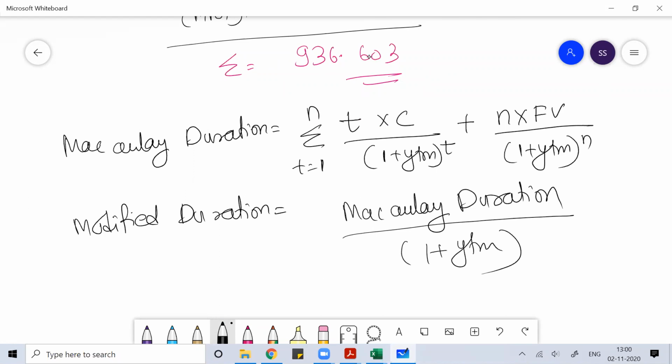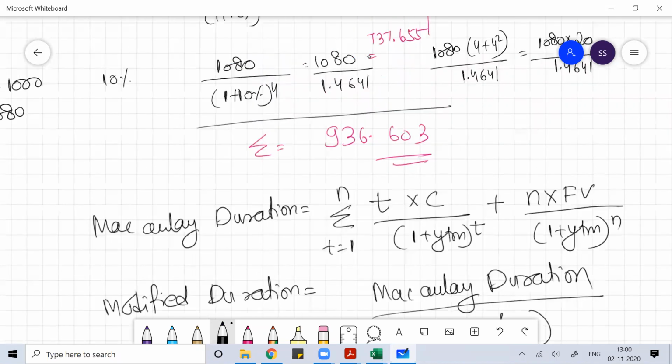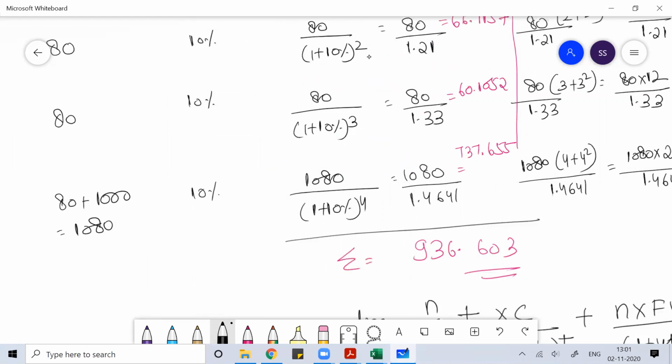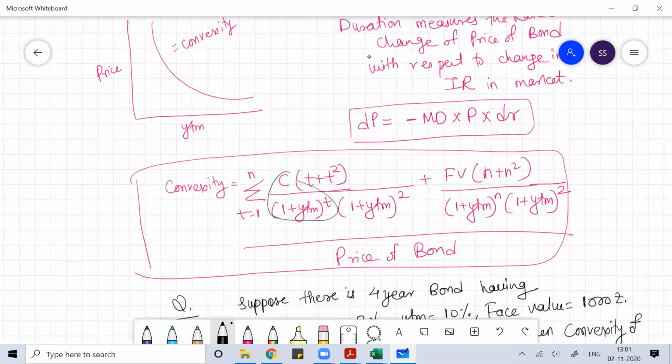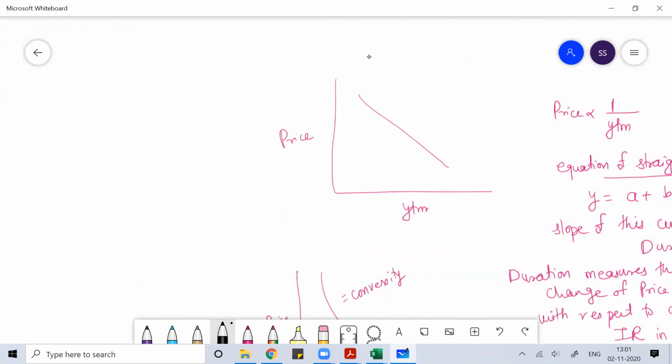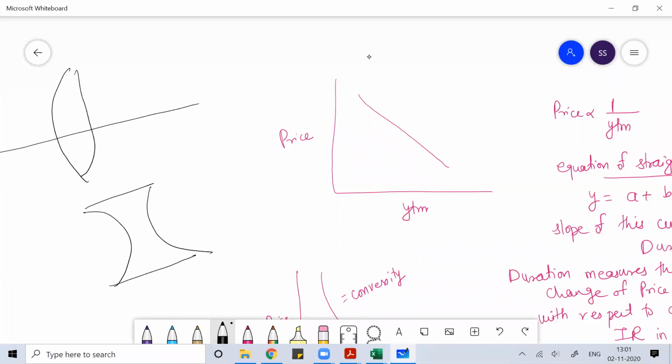So we have understood what Macaulay duration and modified duration are, how to calculate them mathematically, and how to interpret them logically. Price and YTM follow an inverse relationship, and that relationship is a convex relationship. I hope you remember convex and concave. In physics, in your schooling, you studied two types of lens, the convex lens and the concave lens, in optics.